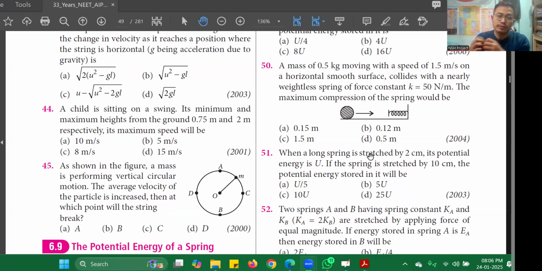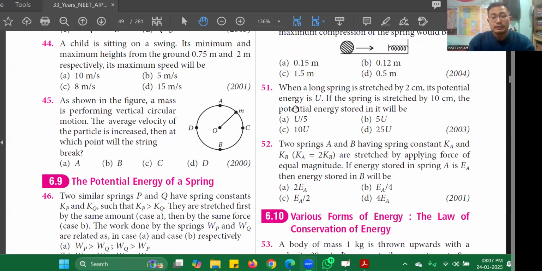When the spring is compressed, the potential energy stored in the spring is half kx squared. So half mv squared is equal to half kx squared, where m, v and k are given, and the compression is x.